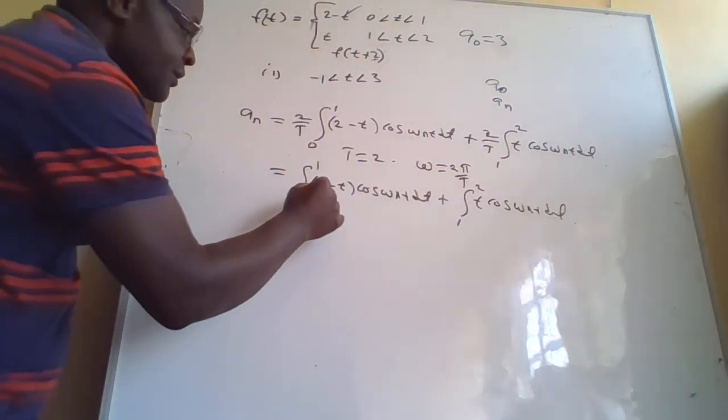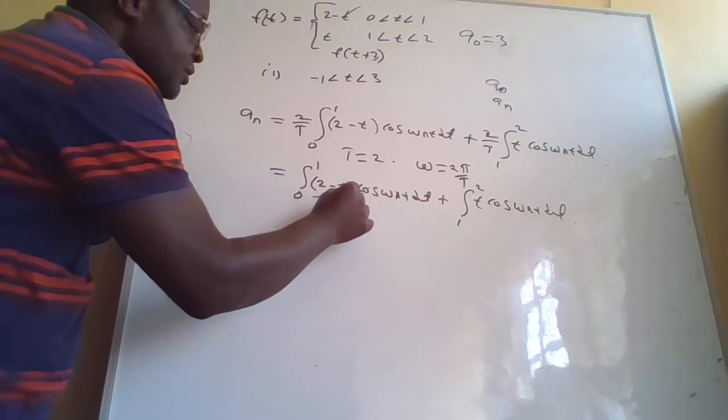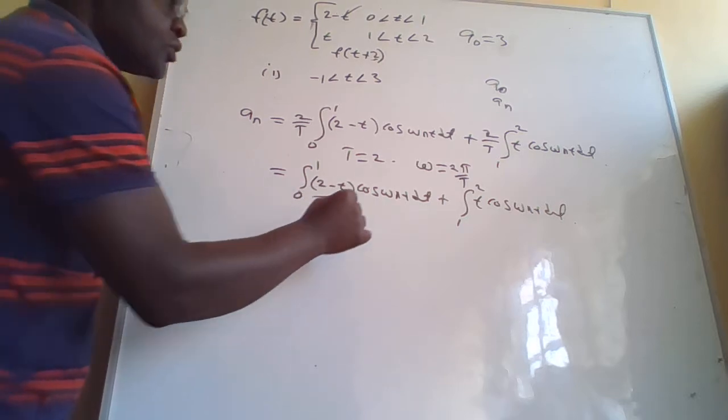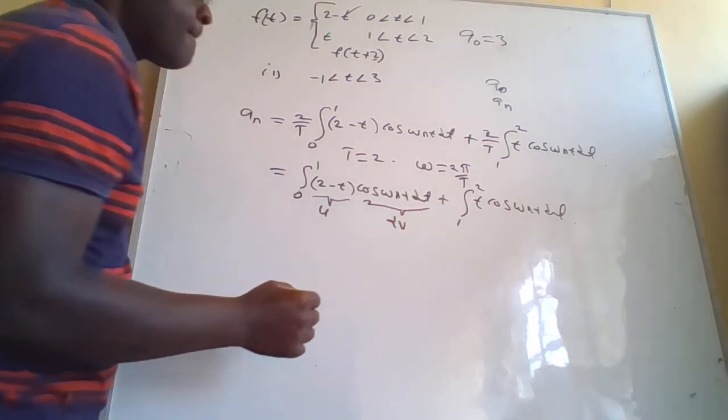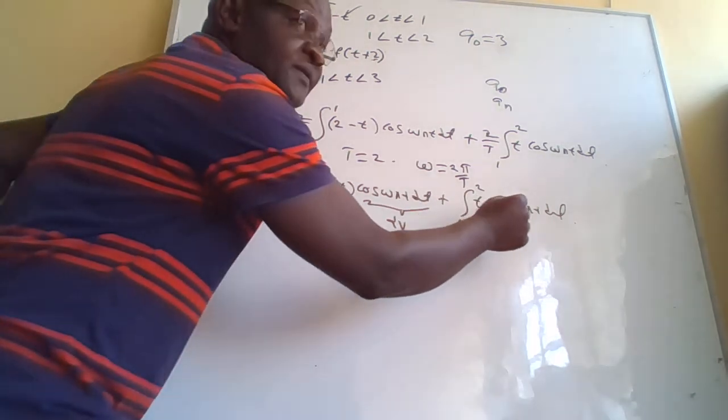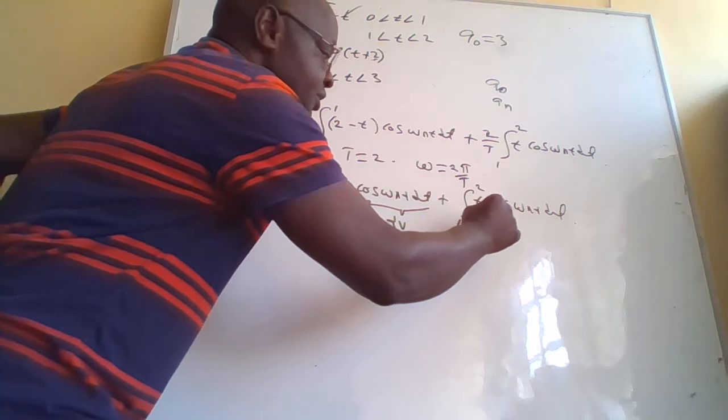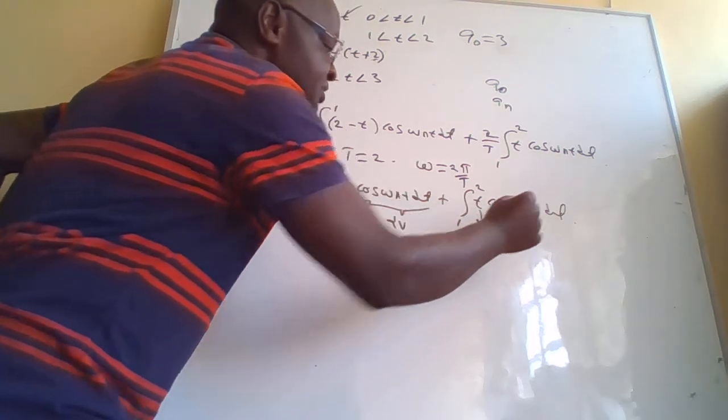Now here, this will be our u, this will be our dv, and then at this section, this will be our u, this dv.